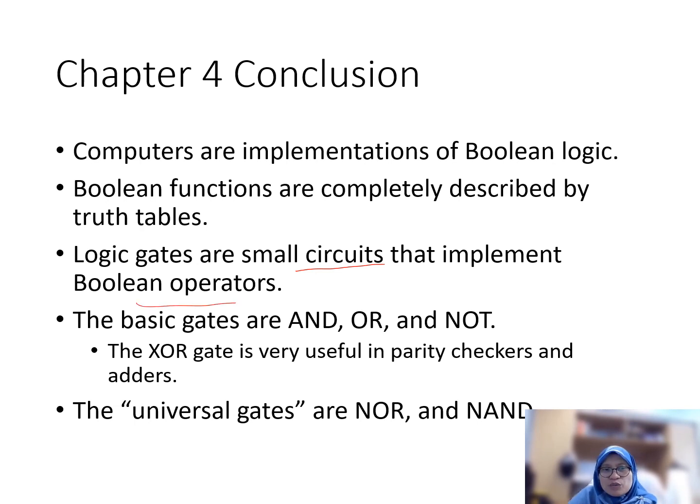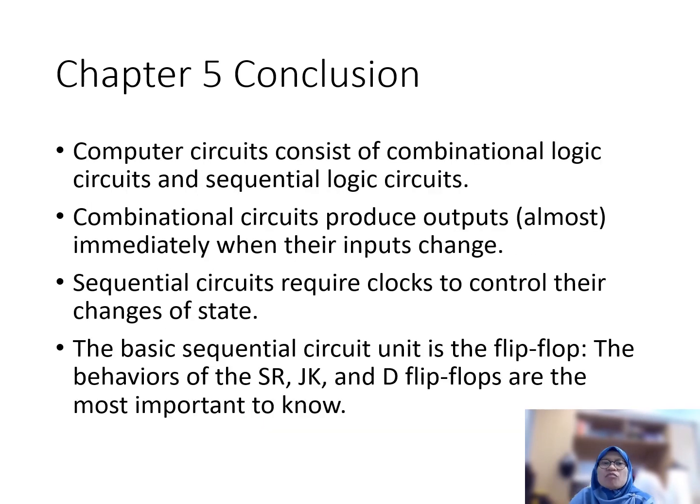The basic gates that we learned so far are AND, OR, and NOT. XOR is very useful in parity checkers and adders, whereas the universal gates are NOR and NAND. NAND is much more preferable because it's inexpensive and can represent other basic gates.